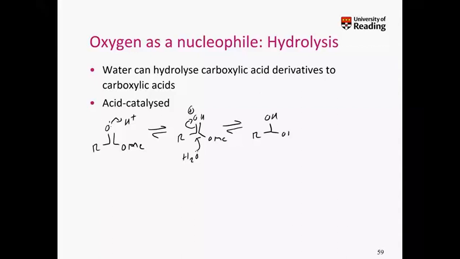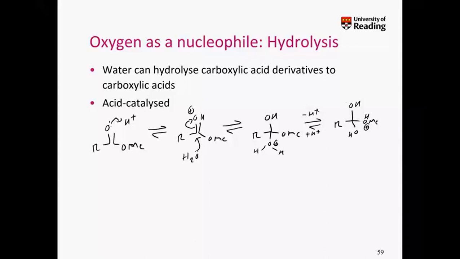We have our O-methyl, and then we have our water that's added. At this point, we then do our proton transfer. And again, that proton transfer is all in equilibrium. It's moving between all the different oxygens, but at some point in the reaction, it is going to end up on this O-methyl group.